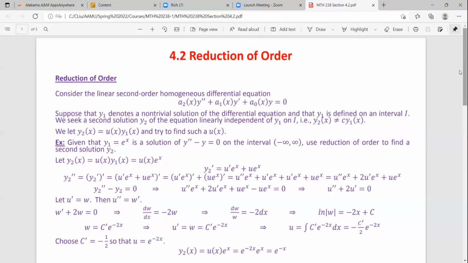If we want to solve a linear higher order non-homogeneous differential equation, then we need to solve the associated homogeneous equation. The non-homogeneous differential equation means the right-hand side is not zero.